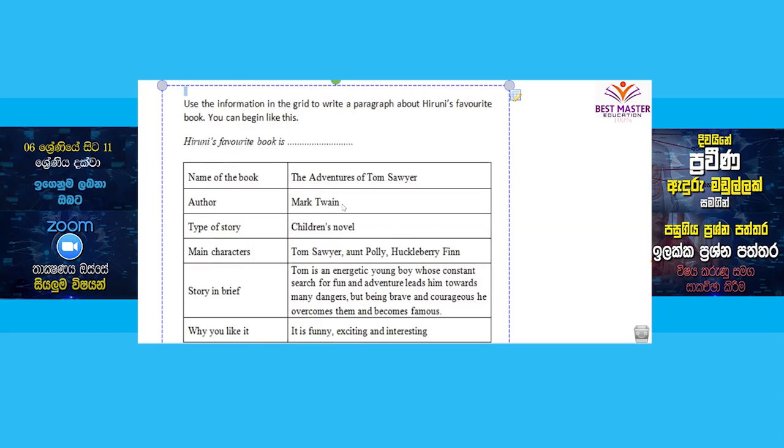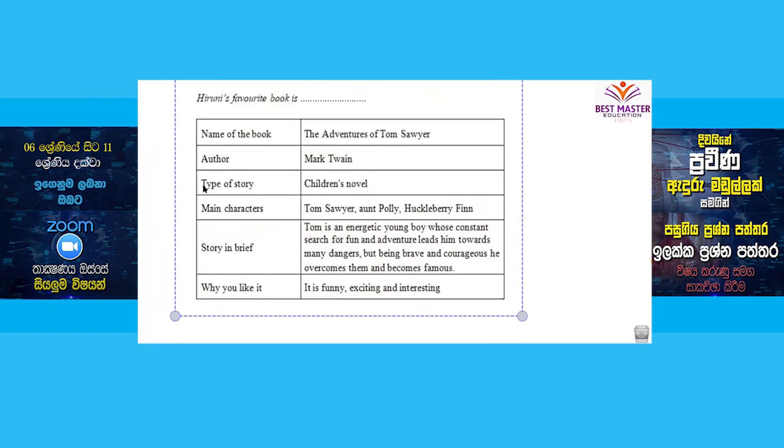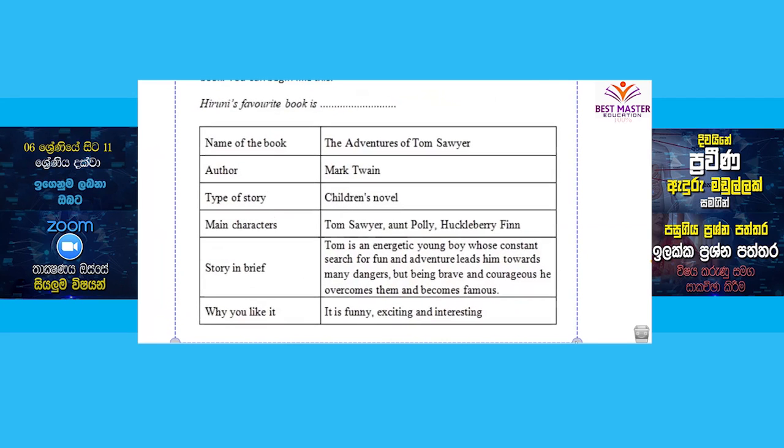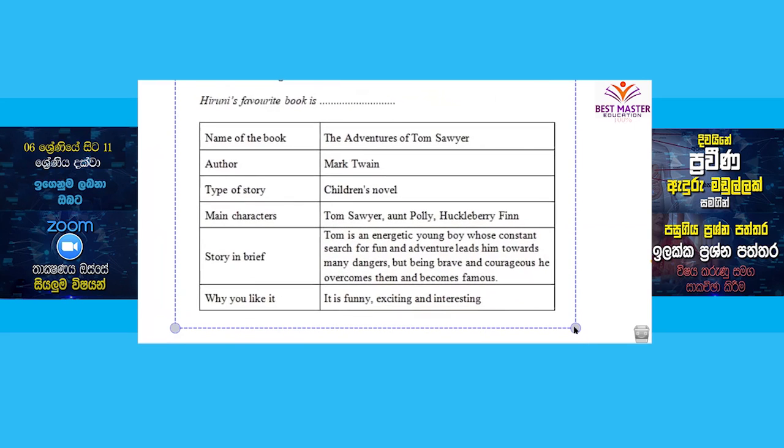Mark Twain. So, very famous writer, Mark Twain. And the type of story. The third point, type of story. Children's novel. ළමා නවකතාව. Children's novel. And the main characters. M-A-I-N, main characters. In every story, there are characters, main characters.